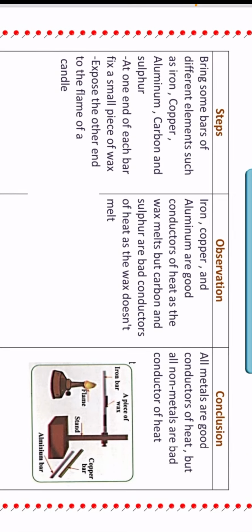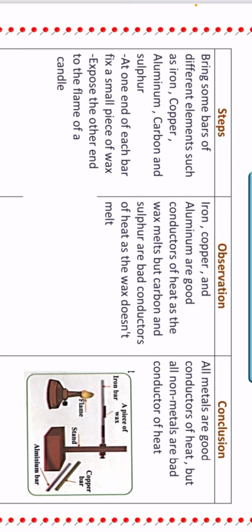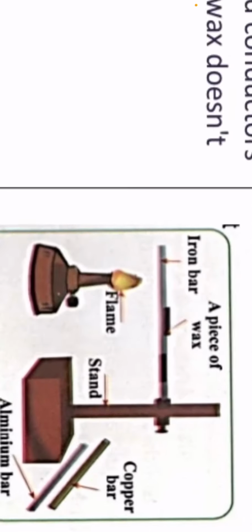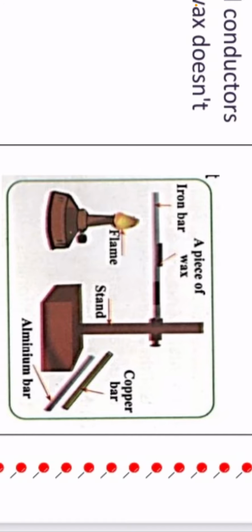Elements and heat conductivity. When we bring some parts of different elements, iron, copper, aluminium, carbon, okay, different metals and non-metals, and at one end of each part fix a small piece of wax and expose the other end to the flame of a candle in this picture.